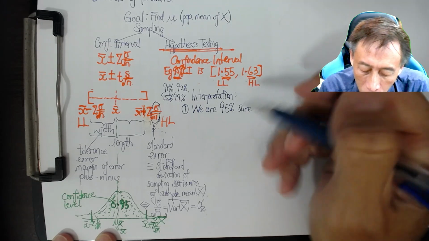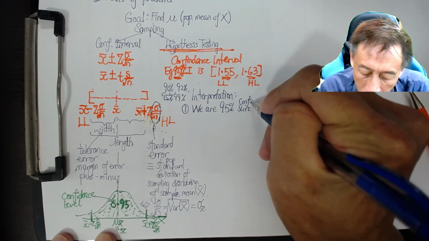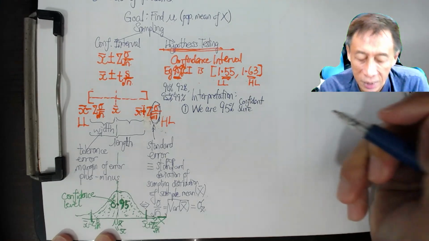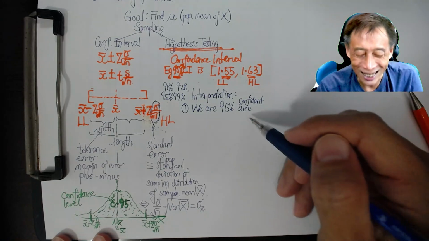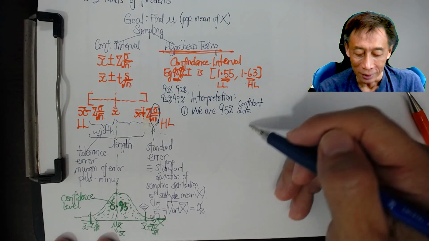So use the word sure, use the word confident, but never say there is a 95% chance, right? I'll come to that in a while, right?